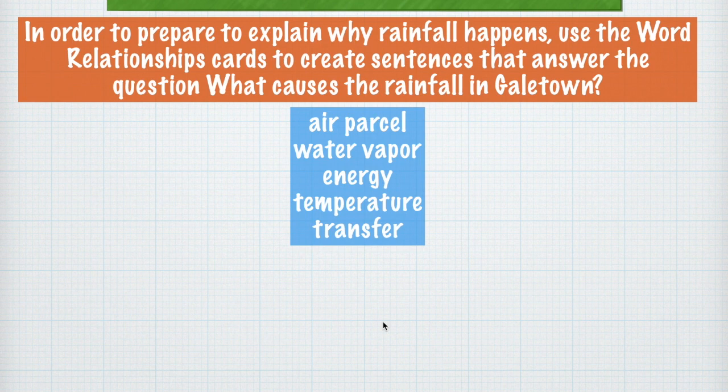Temperature, the measure of how hot or cold something is. And transfer, to move something from one place to another. Using these vocabulary words, come up with 3 sentences. At this time, you might want to press pause to come up with your sentences that would explain why there's more rainfall happening. When you're done, you're welcome to come back, and you'll write the sentences in your Google Docs at the end after you finish watching the video.